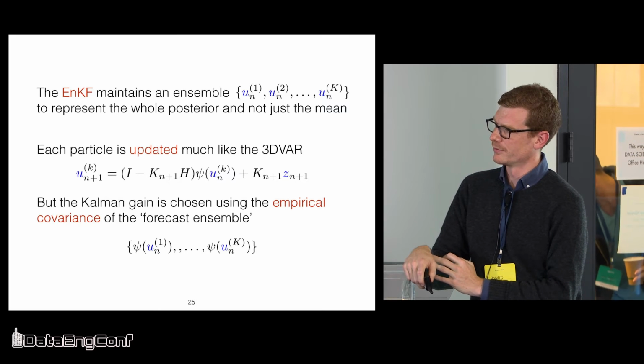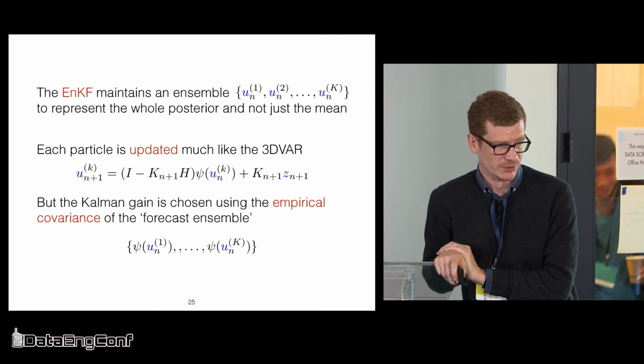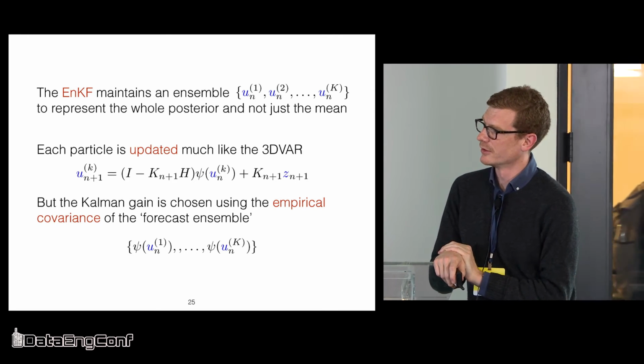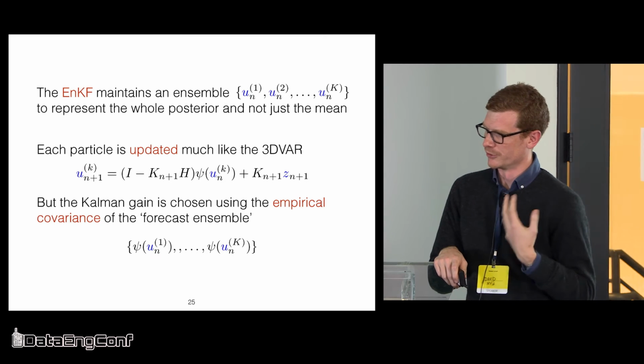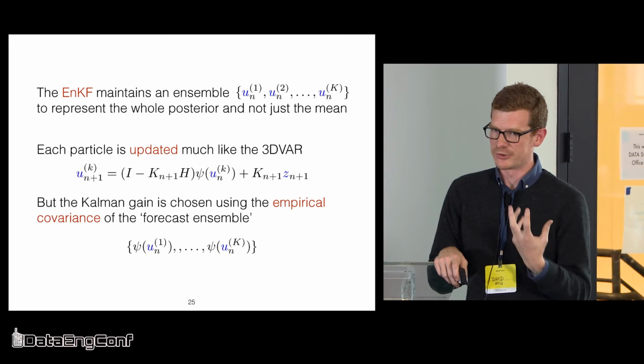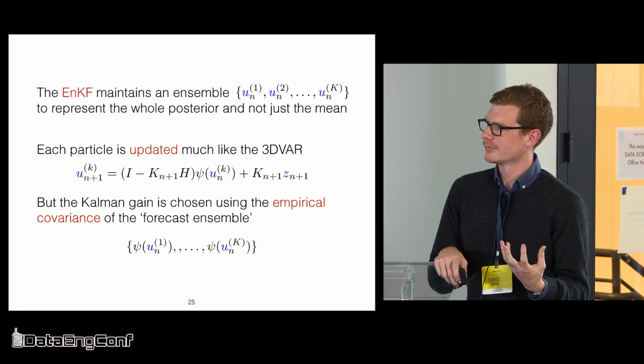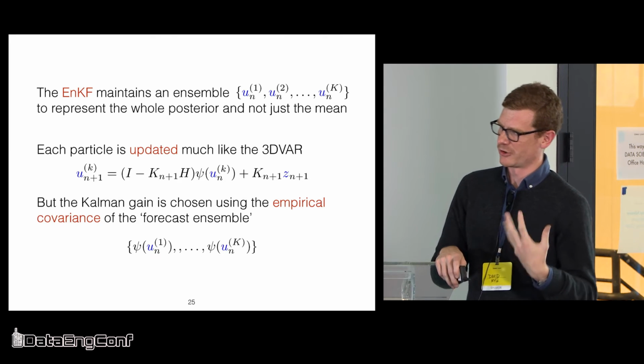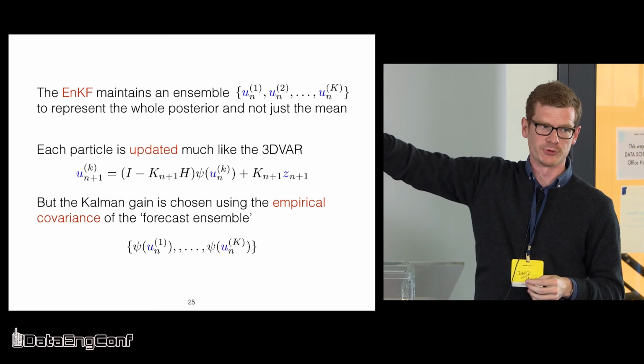So this is what something called an ensemble Kalman filter does. An ensemble Kalman filter uses an ensemble of particles that are interacting with each other, and they're trying to look like samples from this distribution.